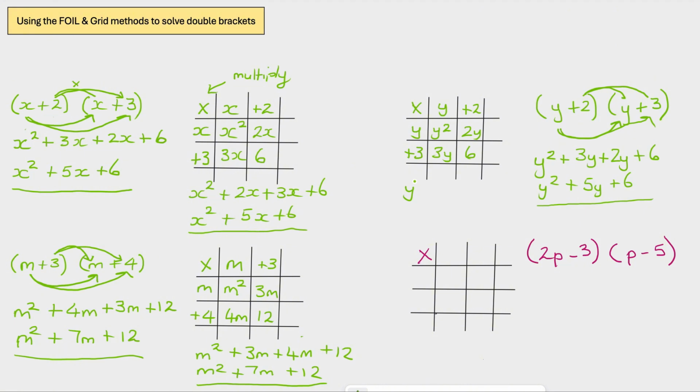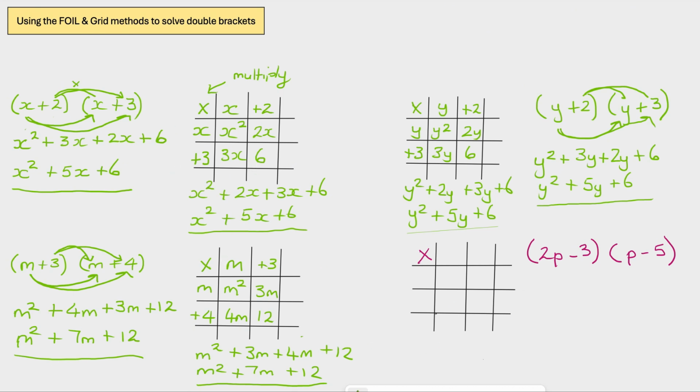So it's going to be y squared plus 2y plus 3y plus 6. Collect like terms and simplify. There you go. How did you get on? I know it's the same as that one, but practice makes perfect.